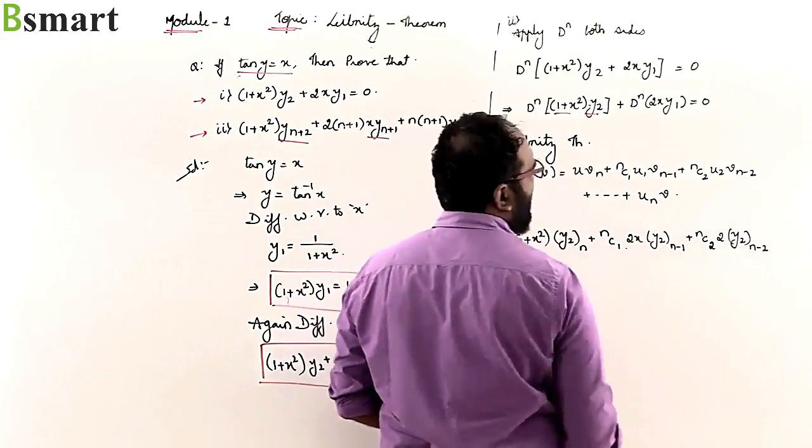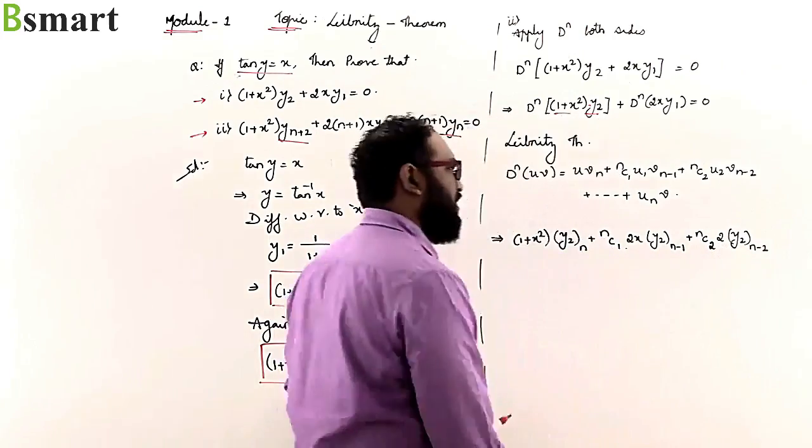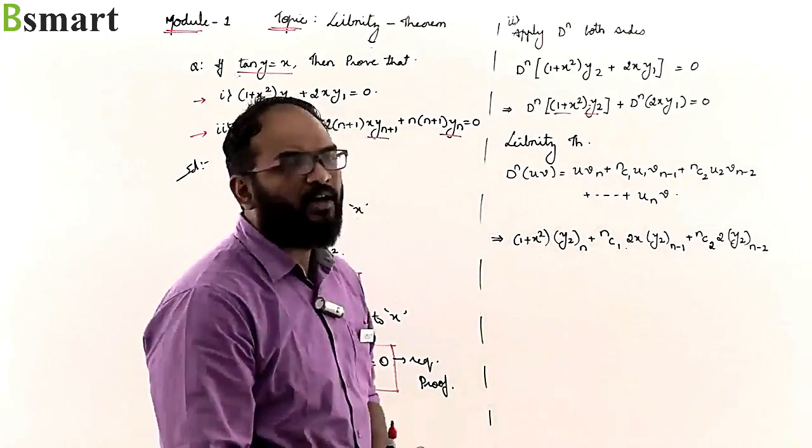If we go higher, the derivative of 2 is 0, so that will be the last.